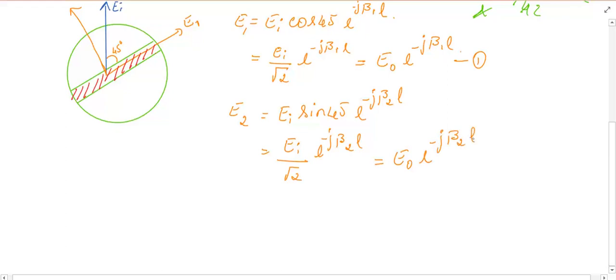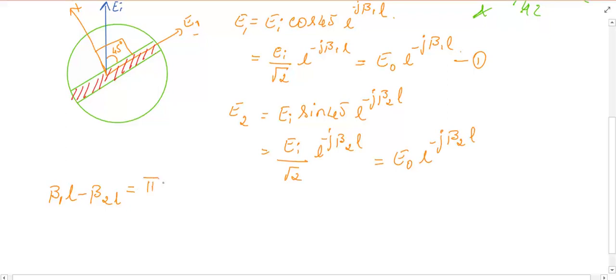Now we know that the phase angle between them is 90 degree, right? Because these two make an angle of 45 degree here, 90 degree here. So what expression can I write? I can say beta 1 L minus beta 2 L is equal to 90 degree or pi by 2.